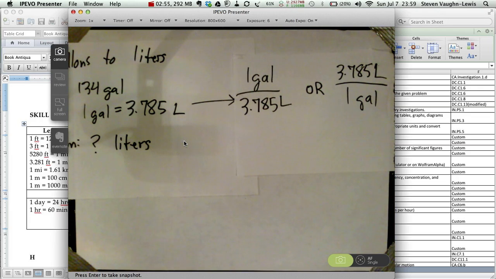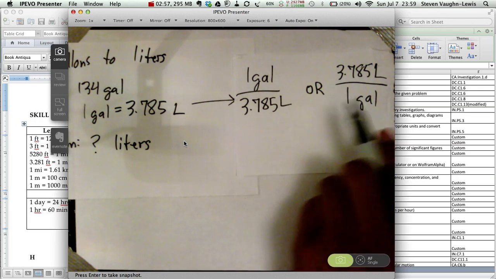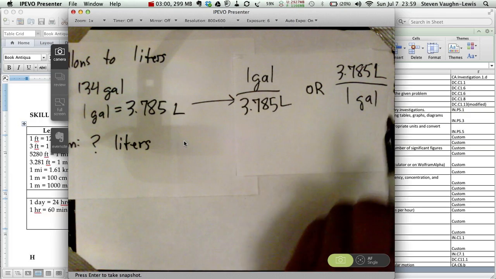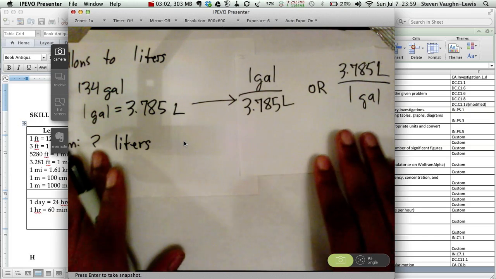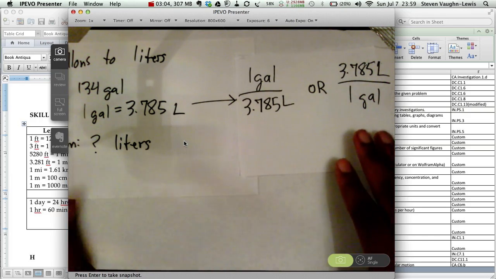So we can use either one of these conversion factors to convert, and the key is picking the right one that we're going to use.